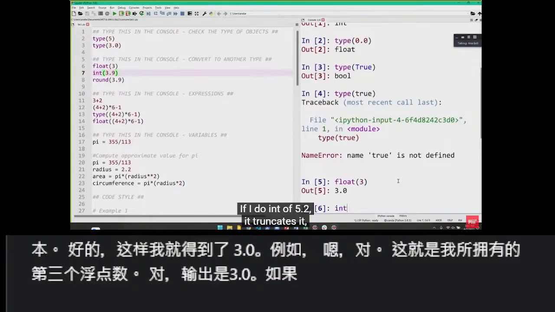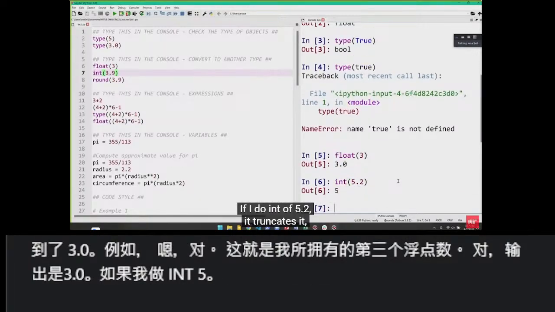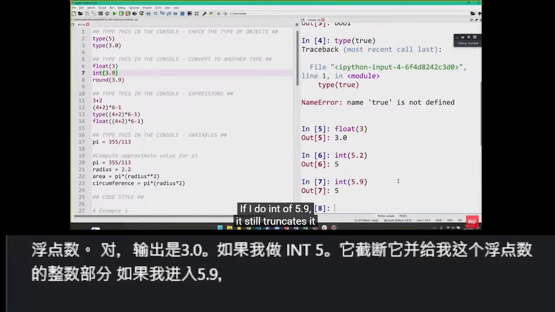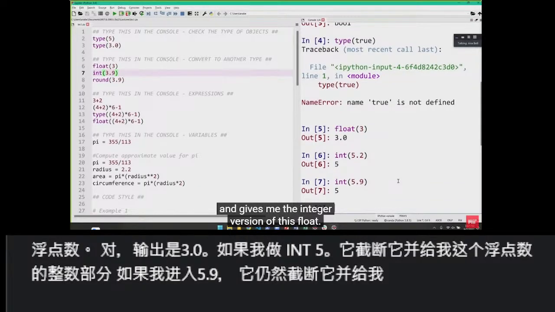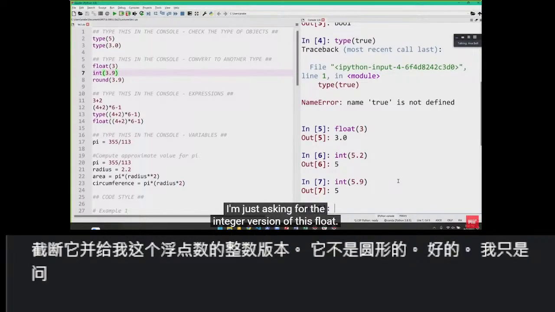If I do int of 5.2, it truncates it, and it gives me the integer portion of this float. If I do int of 5.9, it still truncates it and gives me the integer version of this float. It doesn't round. I'm just asking for the integer version of this float.